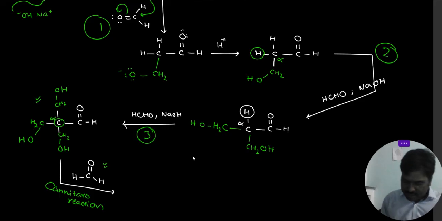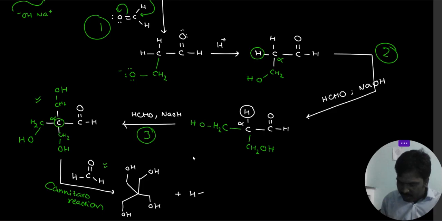In the Cannizzaro reaction, that bulky aldehyde is reduced, giving three CH2OH groups. Now that simple aldehyde, formaldehyde, is oxidized to formate anion. Understood?